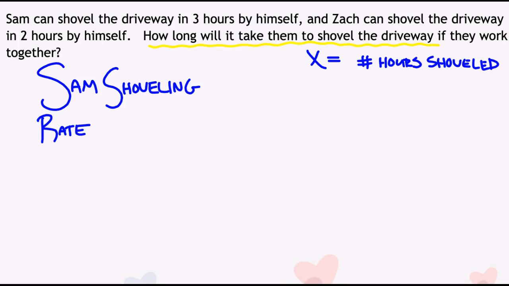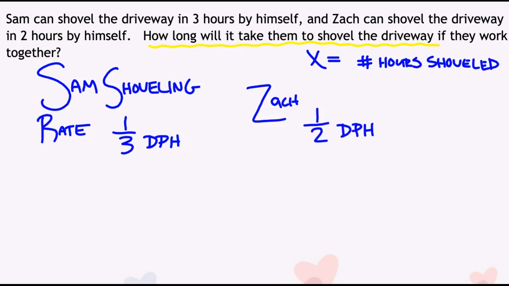Per hour. Sam's shoveling rate per hour. 1/3. Yeah. So Sam shovels 1/3 DPH, driveways per hour, right? And Zach shovels 1/2 driveways per hour. Okay?